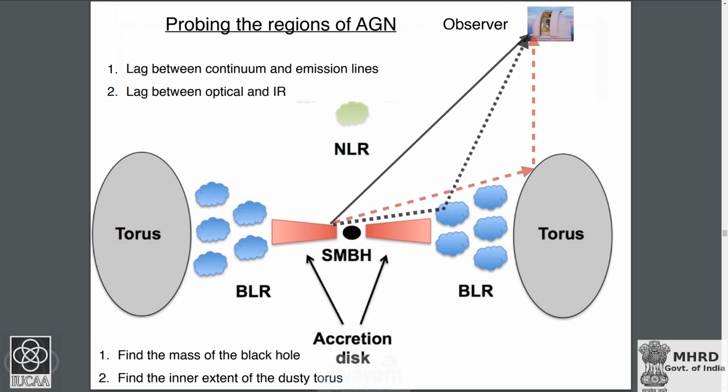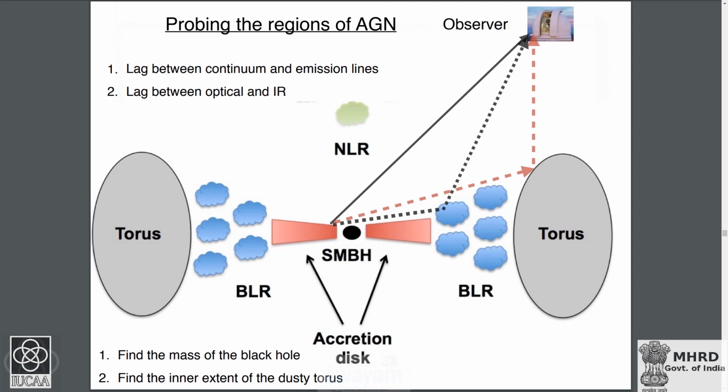How it is done is as follows: optical UV photons will come from the accretion disk. These optical photons will travel to the broad line region, and these broad line clouds emit the broad lines. Therefore, if you take repeated spectra of the source, you find some time delay between the continuum of the spectrum and the line emission, because the continuum is coming from the central region and the line emission is coming from the broad line clouds.